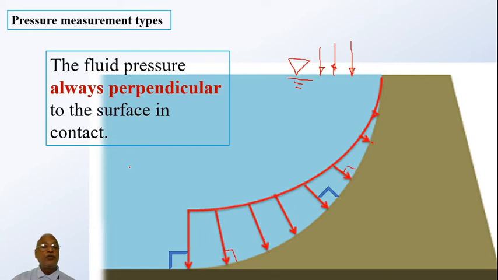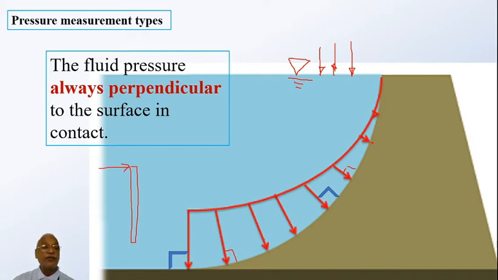One more thing that I can tell you at this juncture is, suppose this is the immersed surface, a solid surface immersed into a liquid. Now if you ask me what pressure will be acting at this point? Because of this depth, so much depth of water is acting, so there will be some pressure acting on this.